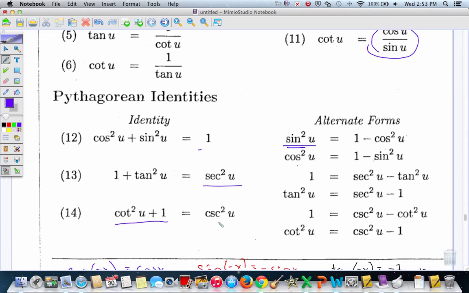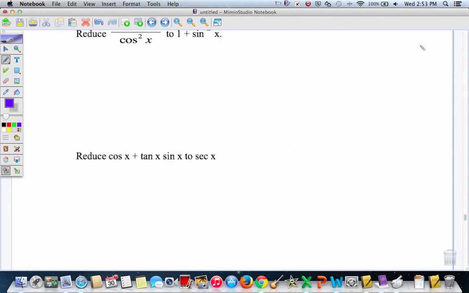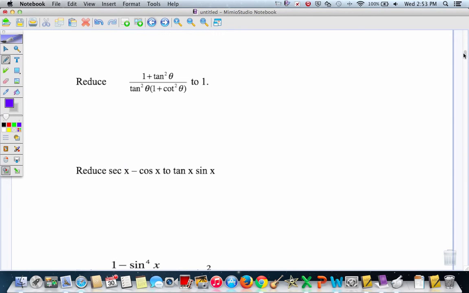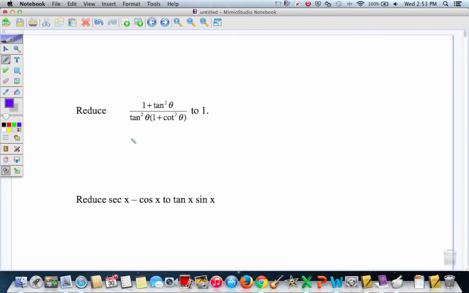Also, cotangent squared plus 1 is cosecant squared. So we'll make those two substitutions: in place of 1 plus tangent squared, I'm going to put secant squared, and in place of 1 plus cotangent squared, cosecant squared. That seems like a logical first step, because it gets rid of some plus signs and gives us fewer terms to deal with.